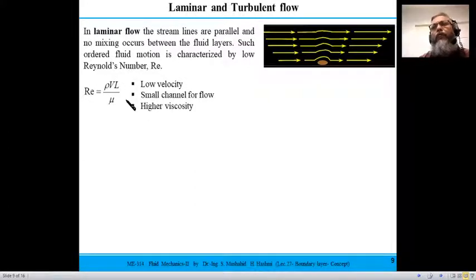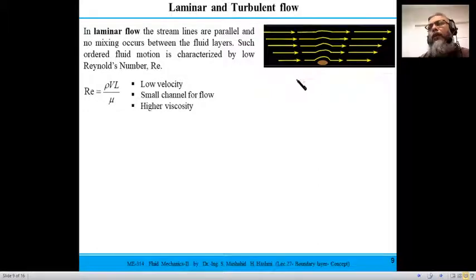Length is a parameter which takes care of the geometry, what type of geometry it is. Rho and mu are material parameters, attributed to density and viscosity. And V is the nature of the flow, very high speed flows or very low speed flows. So Reynolds number takes care of the geometric part, the material part, as well as the flow condition part.